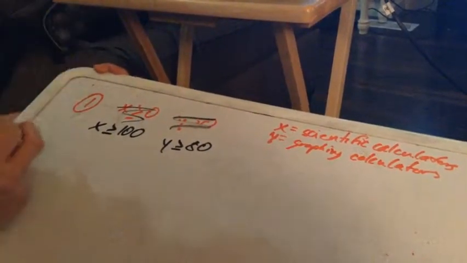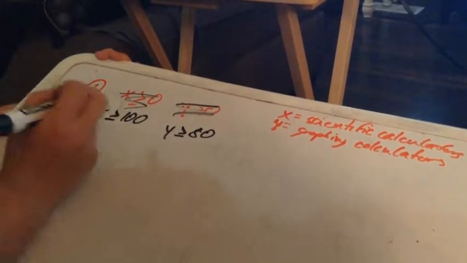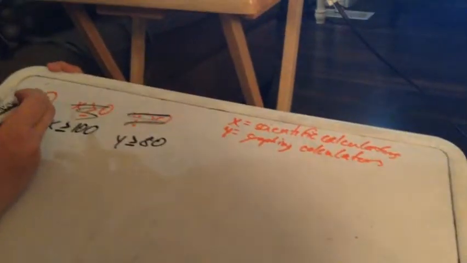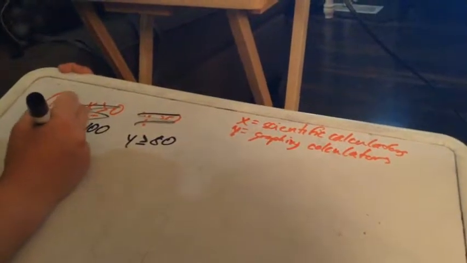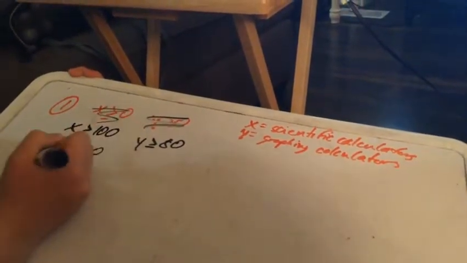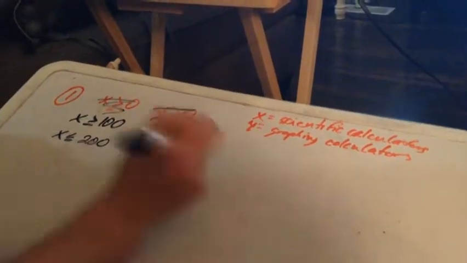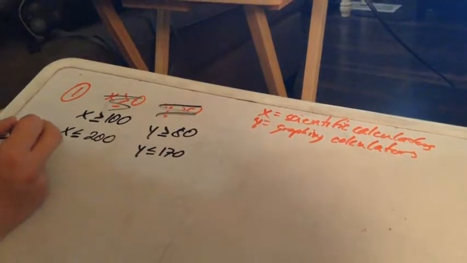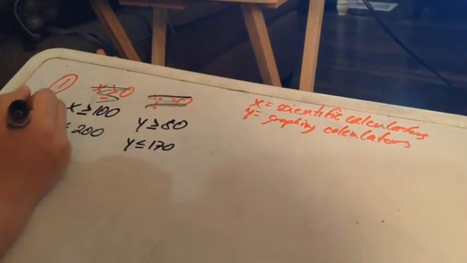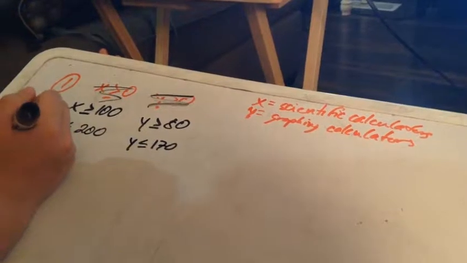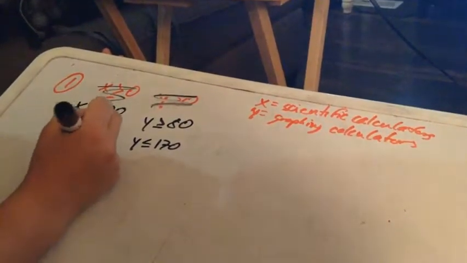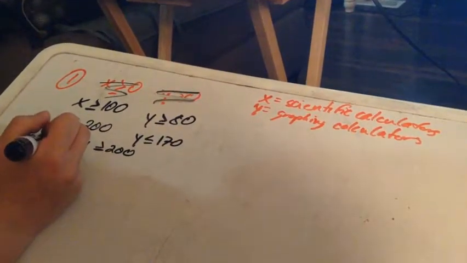It also tells us the maximum of the production capacity, which means that we also have no more than 200 scientific and no more than 170 graphing, which leaves us with a minimum of at least 200.